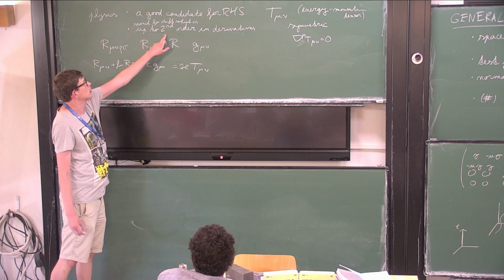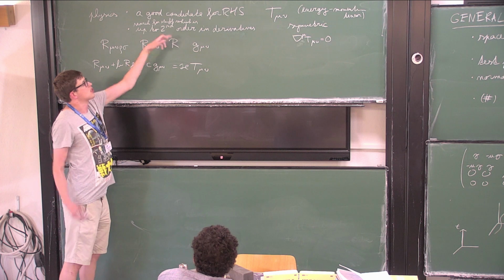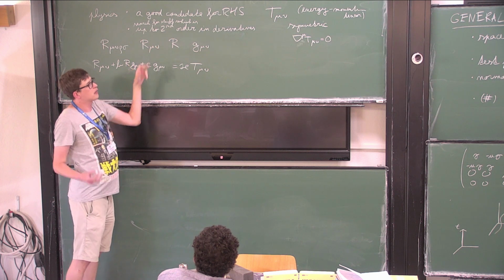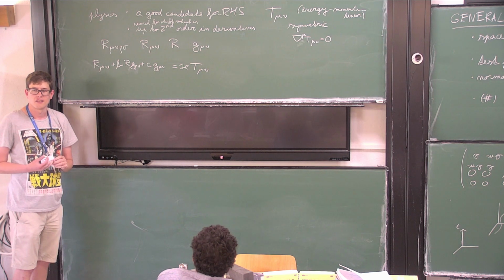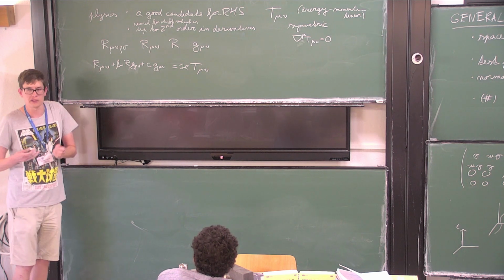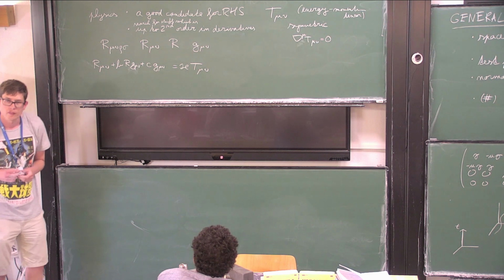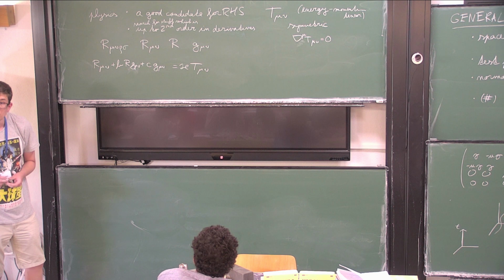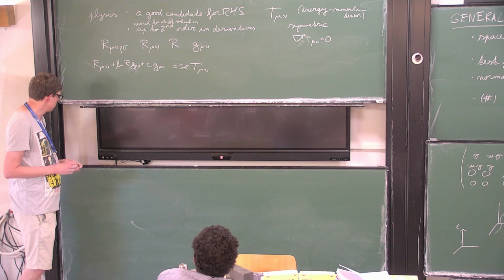So I should add here that we want just the second derivatives, not higher powers of second derivatives. Second derivatives times second derivatives, that's not good. Einstein's equations are nonlinear. Sorry? But aren't Einstein... They are not linear, but they are... No, they are not linear.